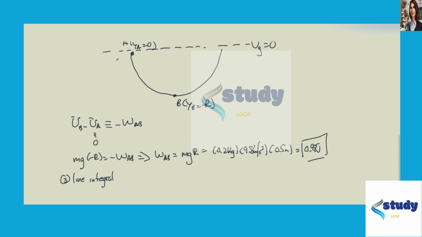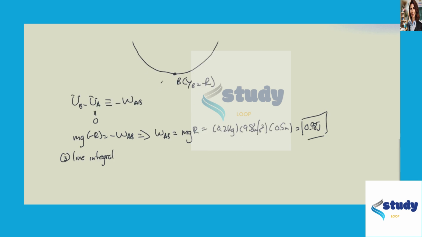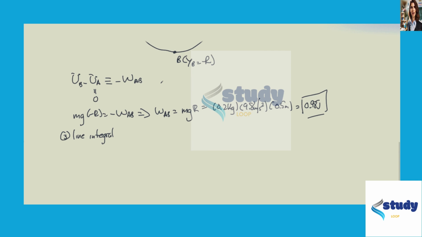You have to add up the infinite collection of dWs for gravity, just like you would have to for friction if you were going to do it that way. That's what's called a line integral. You're doing your infinitesimal displacements along here and calculating the work for each of those. So really nothing special, but not important for our purposes here.